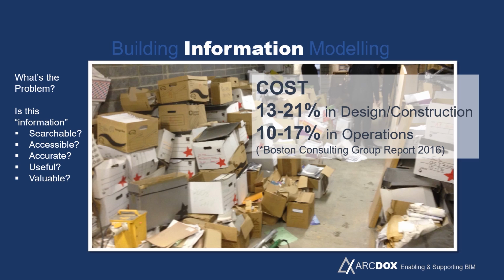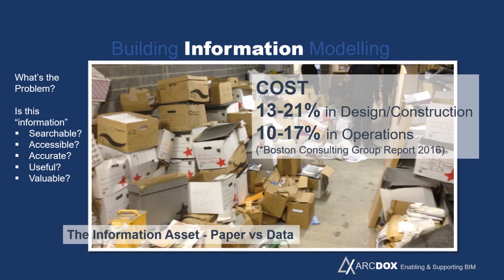So while it is entirely possible to construct and maintain and operate buildings with paper-based documentation, it's costly, it's slowing things down, and it's adding to the financial cost of building assets. So that's really what we're going to be talking about today, looking at this comparison between paper-based information and digital information, and how that might work.